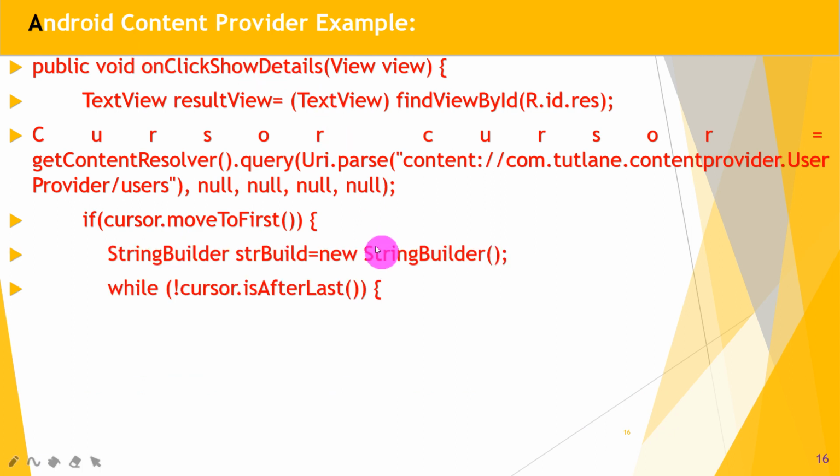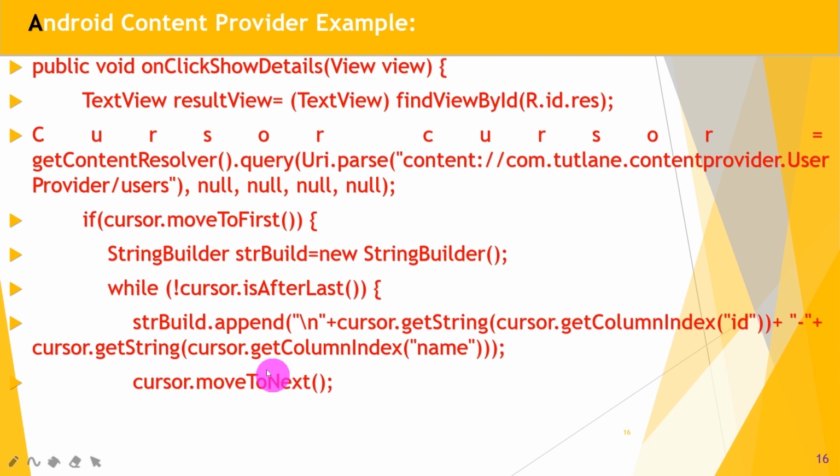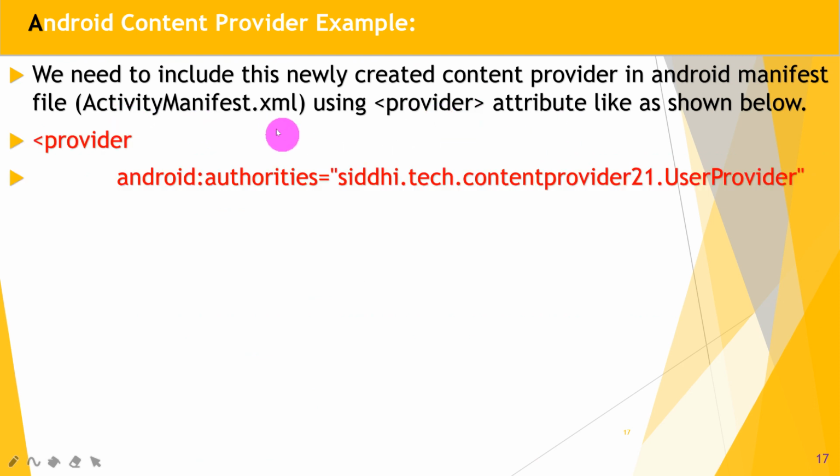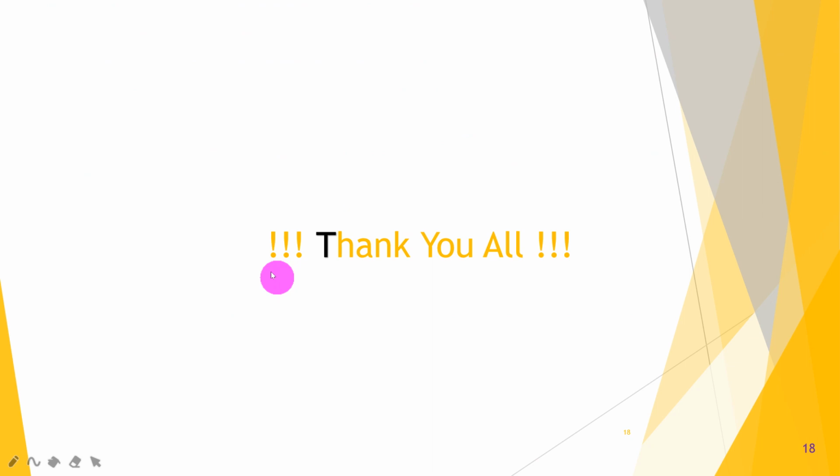We will explain all this code, what is done. Great guys. And lastly, we write the provider tag in AndroidManifest.xml. Great, hope you understand guys. Thank you for watching my videos.